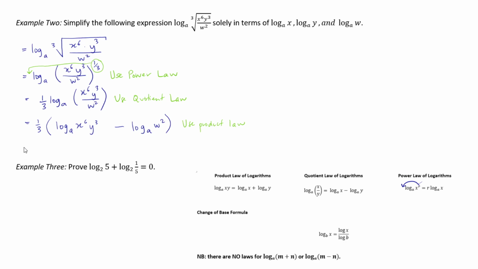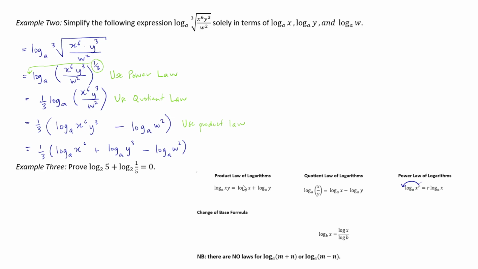So I'm going to rewrite 1 over 3 times log base a of x to the power of 6 plus log base a of y to the power of 3 minus log base a of w squared. Okay, so I've split this up by using the product law. As I saw, I had two things being multiplied, so I could split them up into addition of logs.